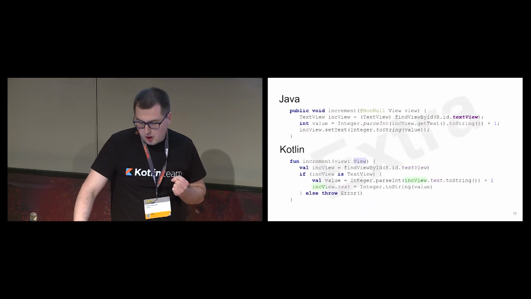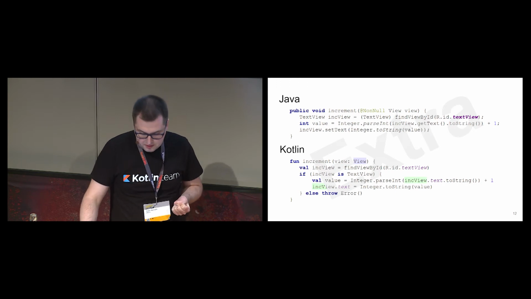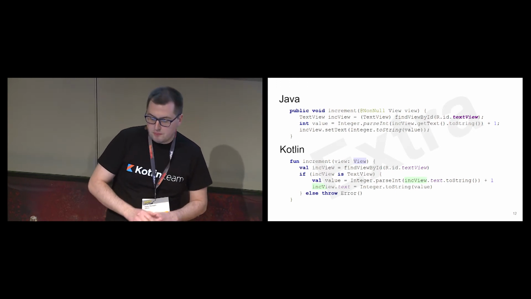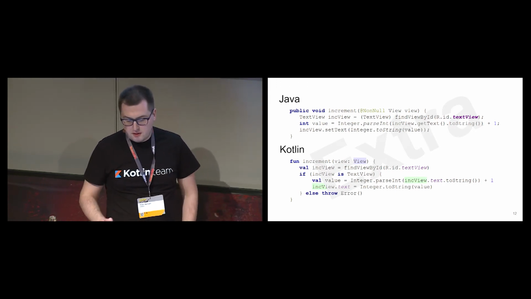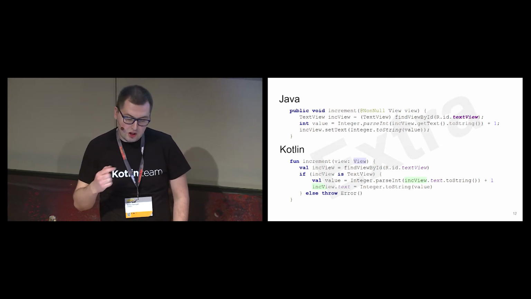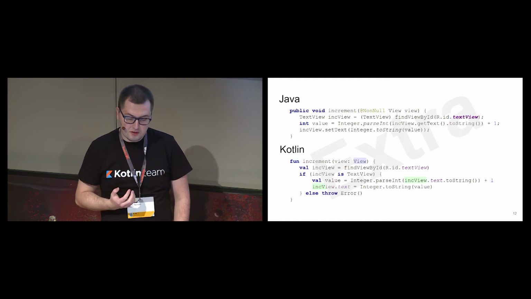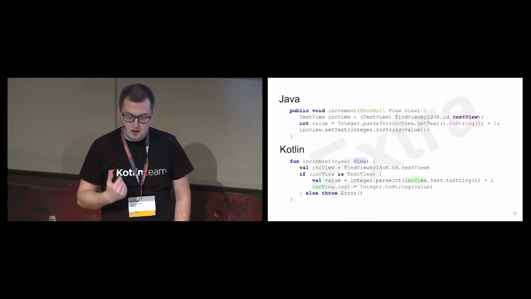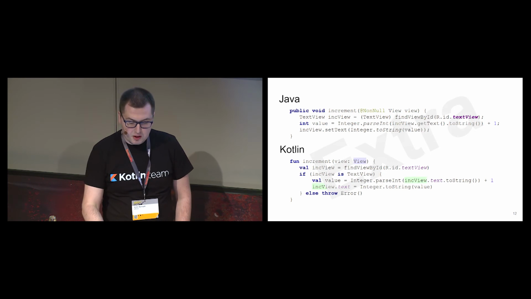Right. So other things that I wanted to cover, and we seem to have some time, are smart casts. For instance, if you wanted to check if an object is of a particular type and then use it. If it is, then we can do it like this.